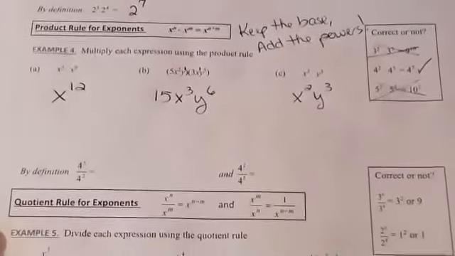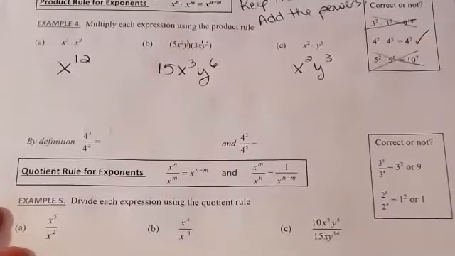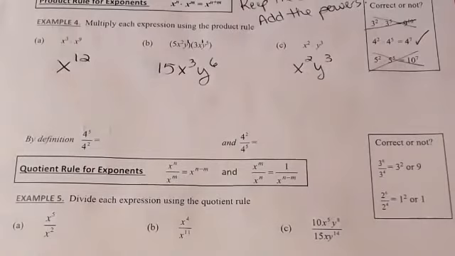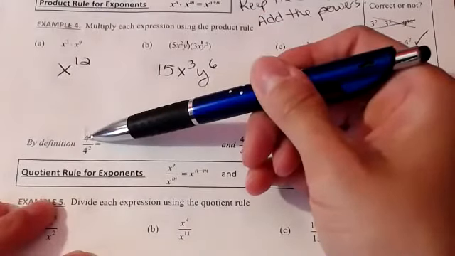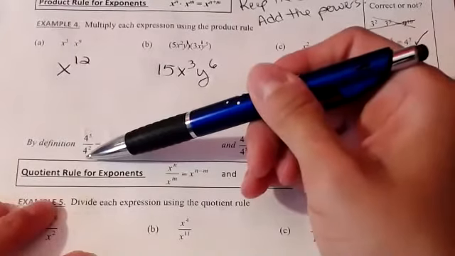Now, in terms of the quotient rule, which I've mentioned already, essentially we keep the base and we subtract the powers, but we leave our base wherever it's heaviest. So for instance, we have 5 factors of 4 in the numerator, only 2 factors of 4 in the denominator.